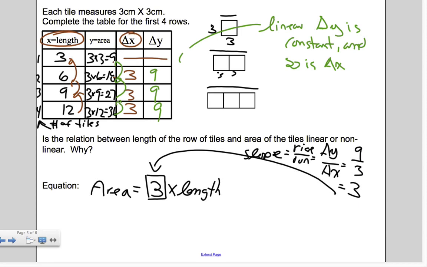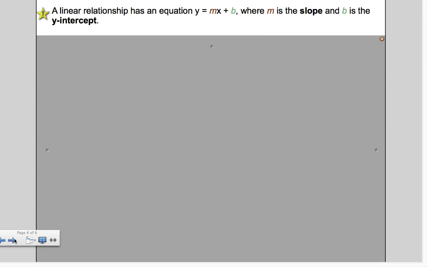Okay, so one last key concept. A linear equation or linear relationship has an equation y is equal to mx plus b, where m is the slope and b is the y-intercept.